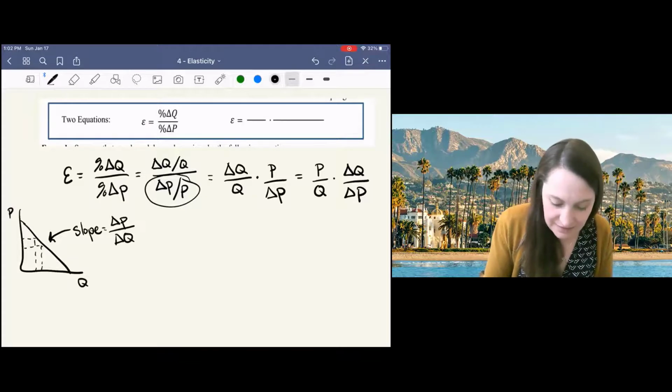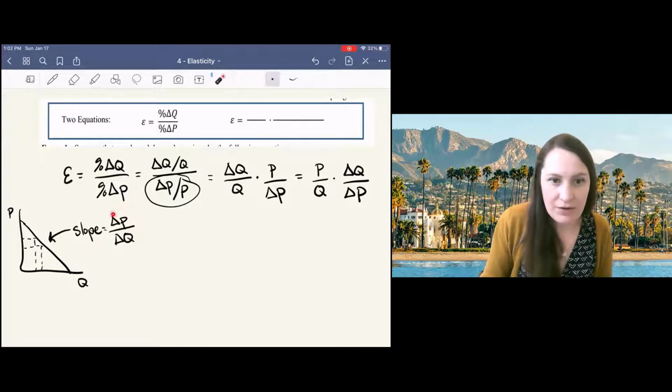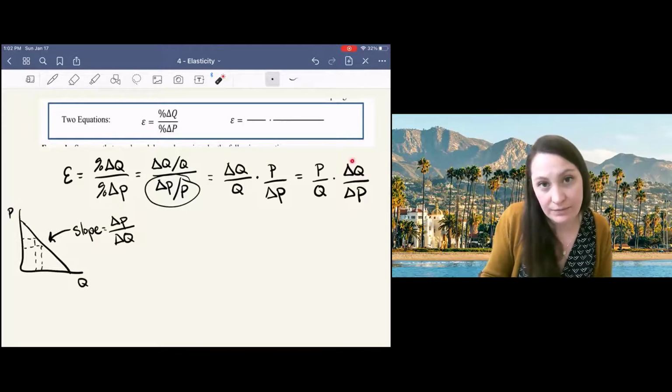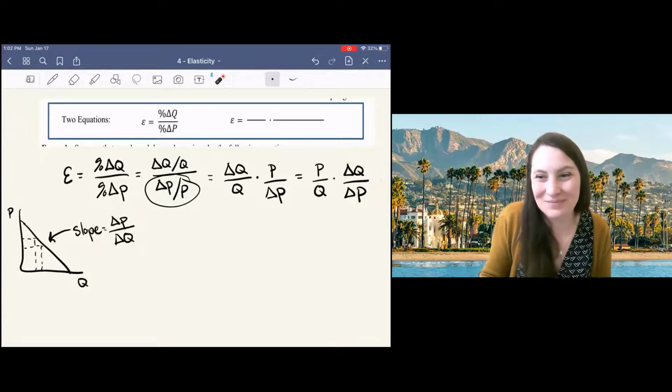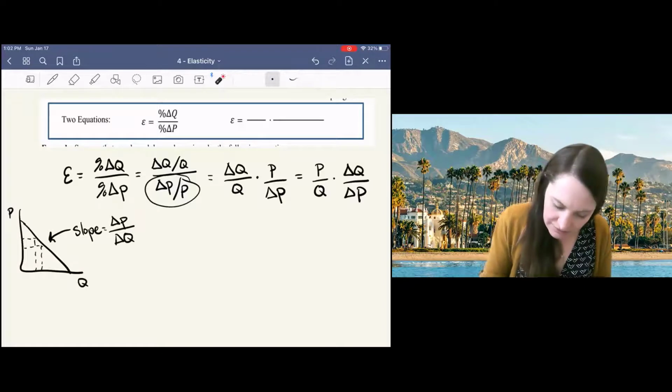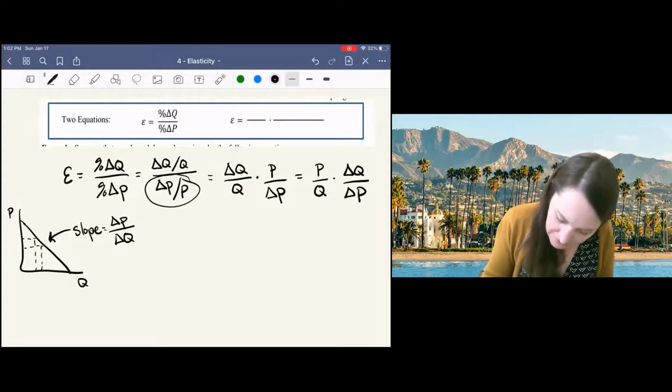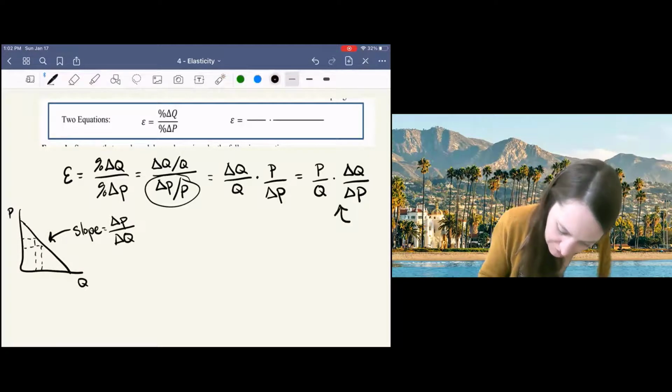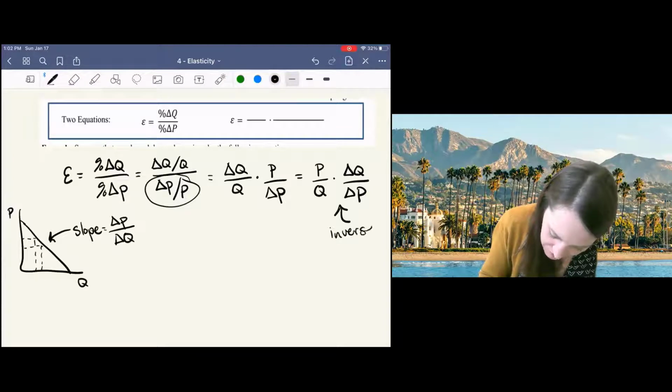You'll notice that this is something similar to this term, but upside down, the inverse, right? So this term in our elasticity equation is really the inverse of the slope of the demand curve.